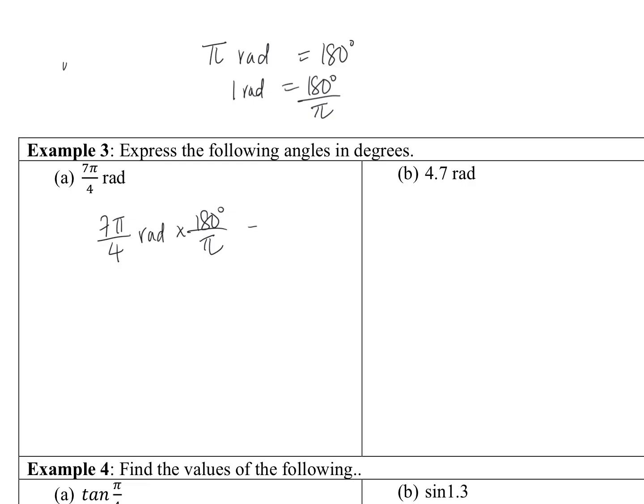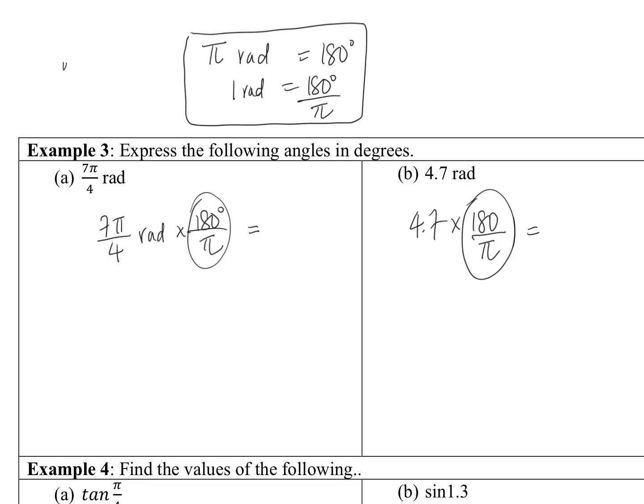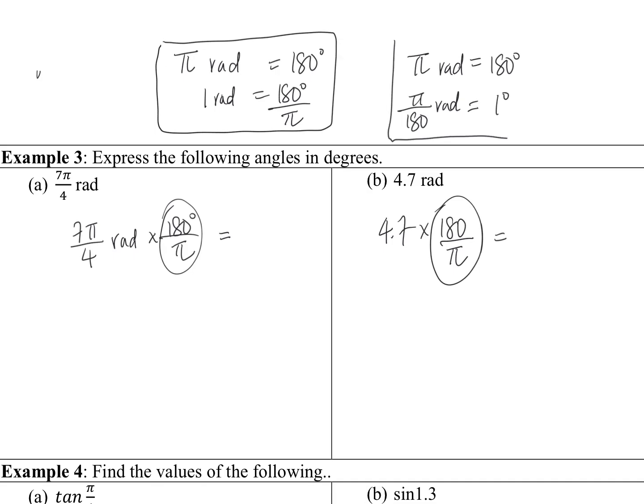Same thing here. If you are unsure whether it's pi over 180 or 180 over pi, always go back to this. You can use 360, but it will be 2 pi. Yes, always. It's just like 1 meter is always 100 cm.